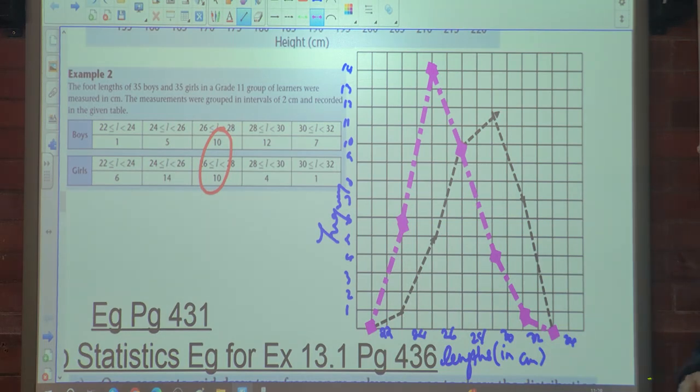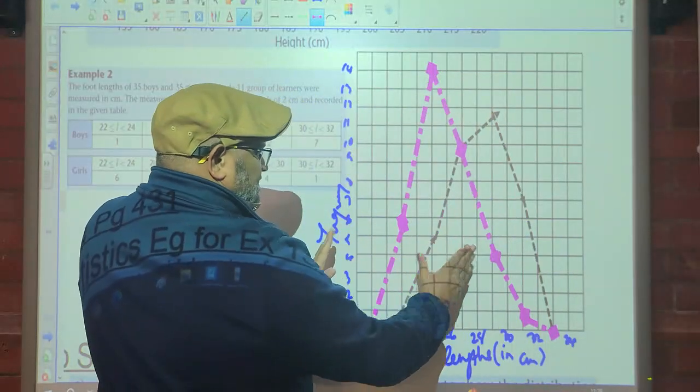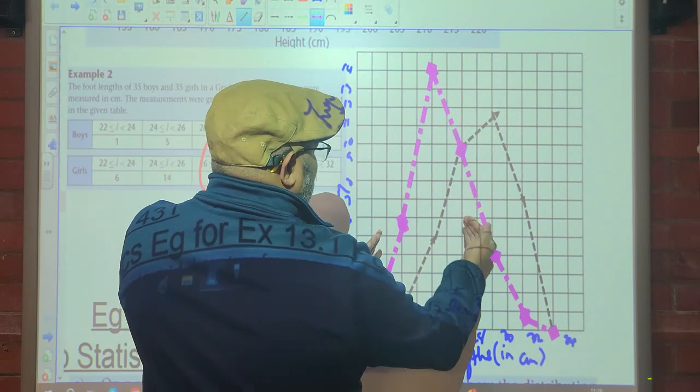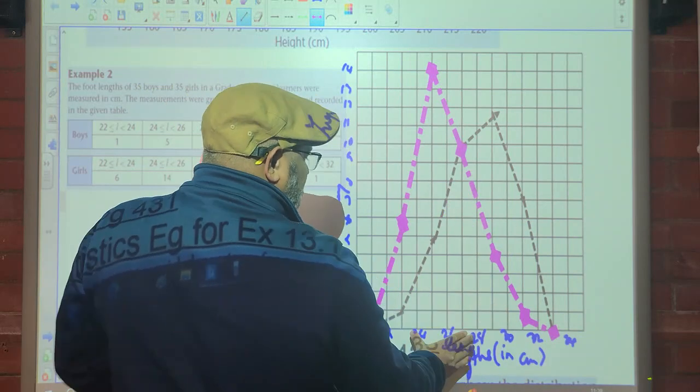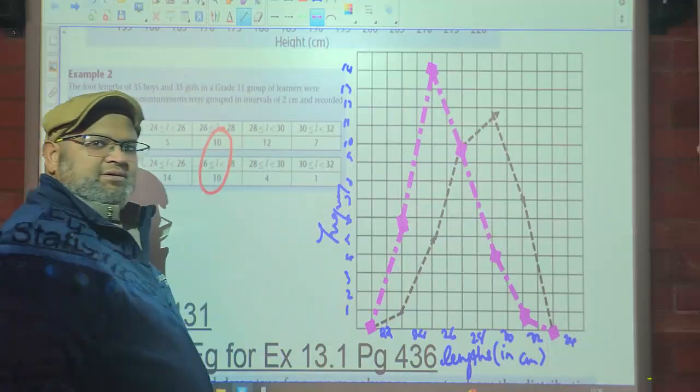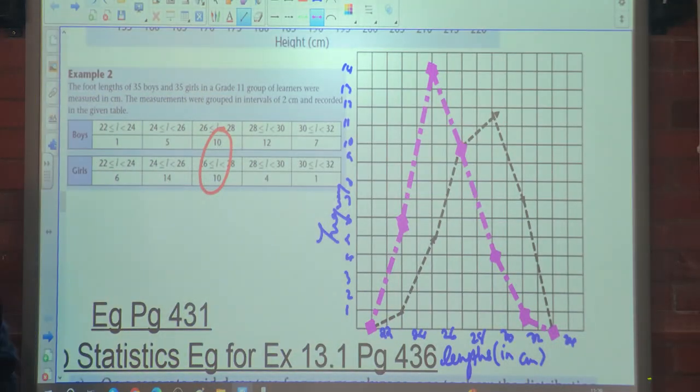So many things you can see. You can see that the graph is more leaning to the side. The bulk of the information or the mode is more to the side here. Even the average will be above the side. Can you see that, people? And that is the reason why we use a frequency polygon. So it's easy to superimpose, to put two graphs on one.